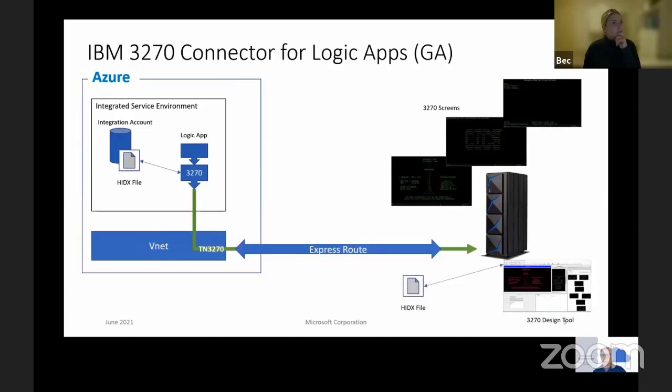When the action runs, a 3270 session will connect to your host and drive through the screens, inputting data to specific fields and returning data from the output fields. This returns data that can be used in subsequent actions in your workflow.